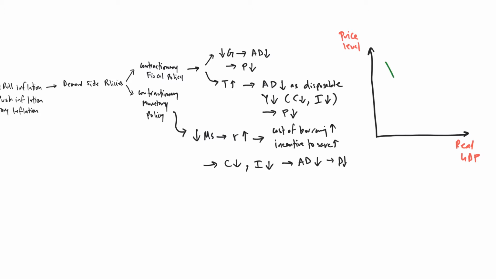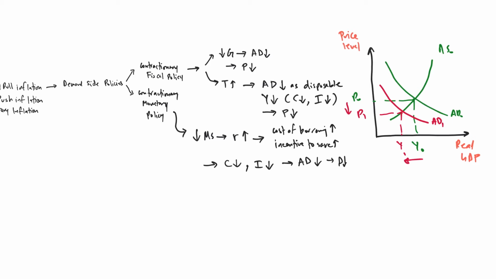First we'll start off by saying that currently the equilibrium is at P naught with GDP level at Y naught. A fall of AD will result in the price level falling and real GDP also declining. But what's more important is that we are able to control inflation in this case, mainly demand pull inflation.